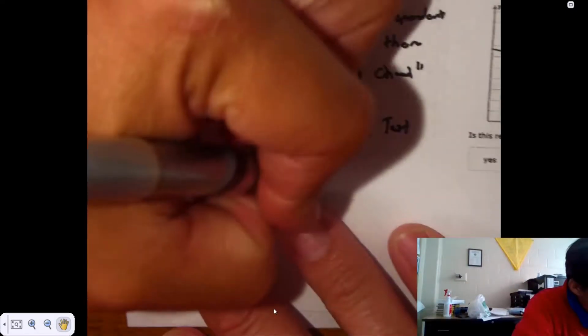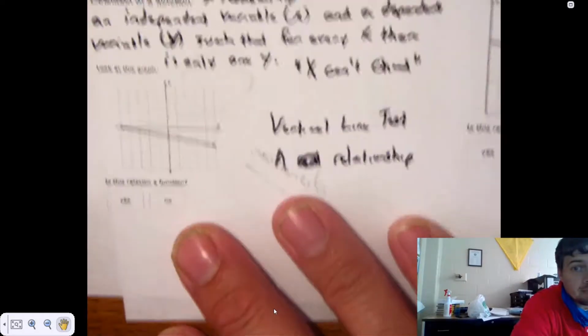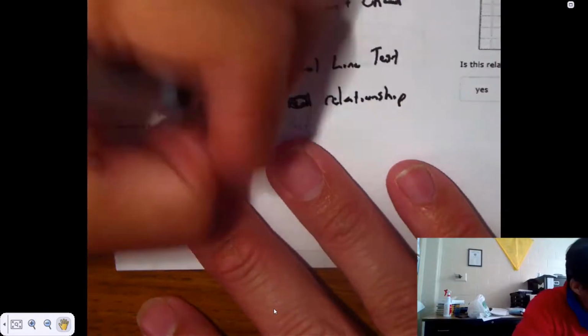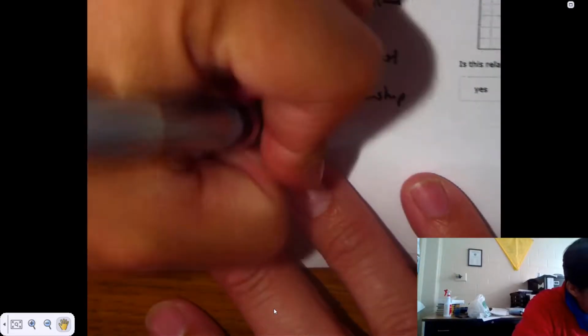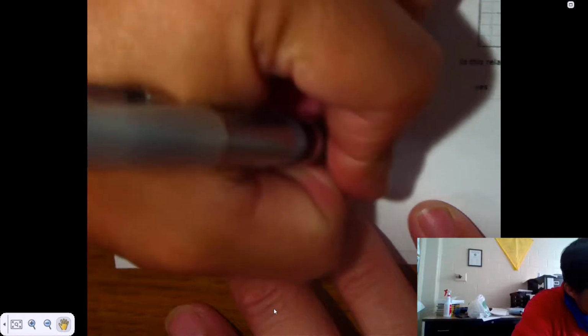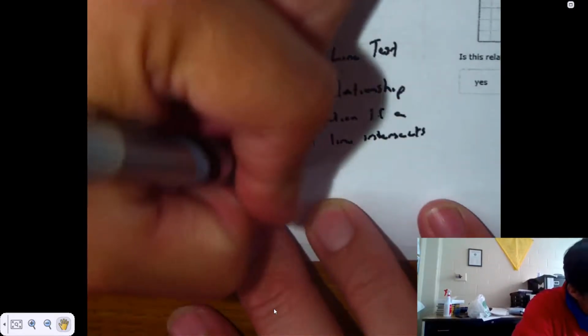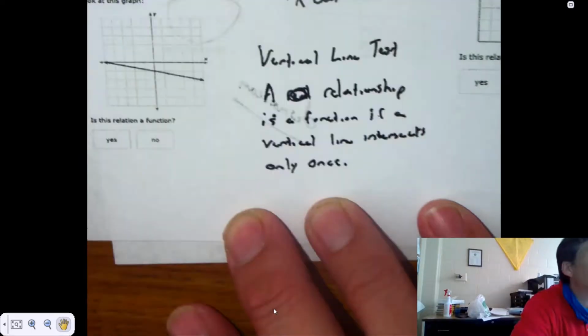The vertical line test says a relationship is a function if a vertical line intersects it only once.